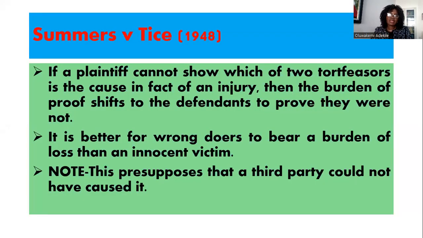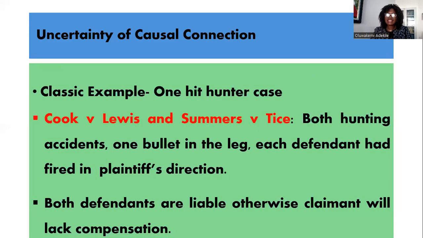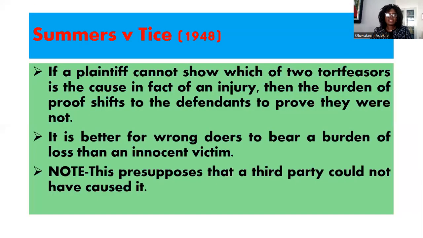The same thing in Summers and Tice. The court held it on similar facts, not being able to determine who is the responsible defendant. Like I said, one of the ways to remember it is what we call the one-hit-hunter case that I have here on the slide, where the bullet that hits the man is just one, but two or three or four causative agents have been established.